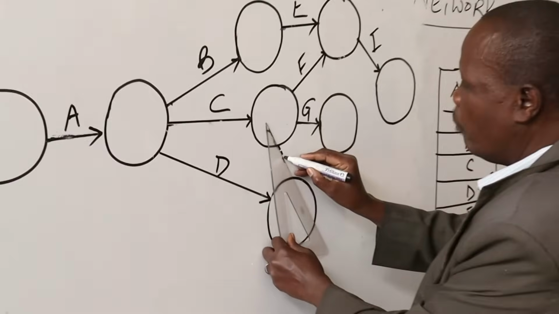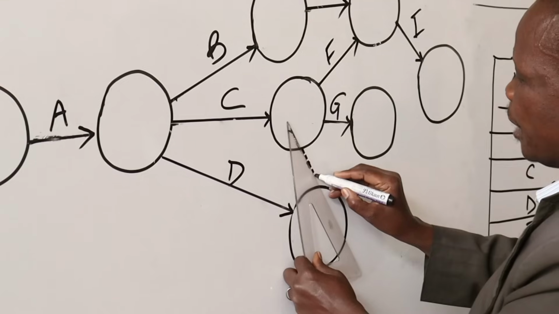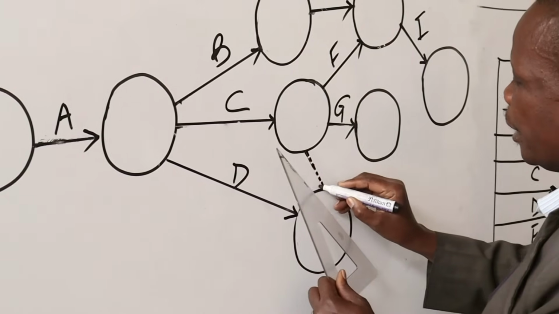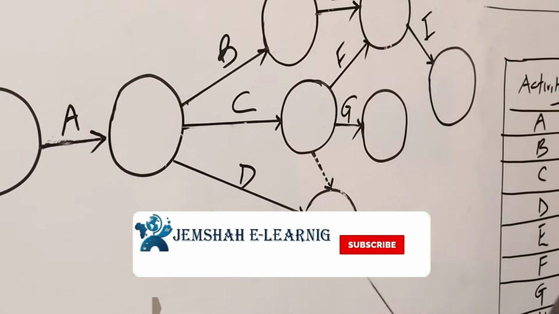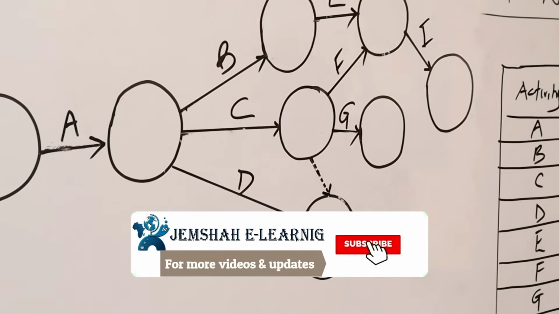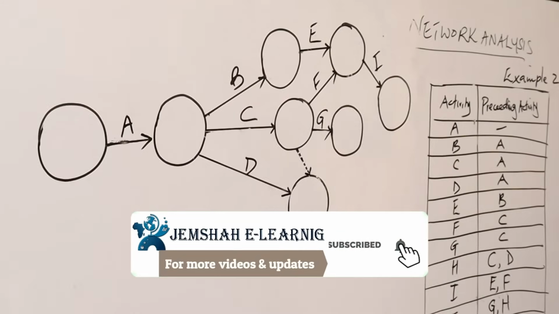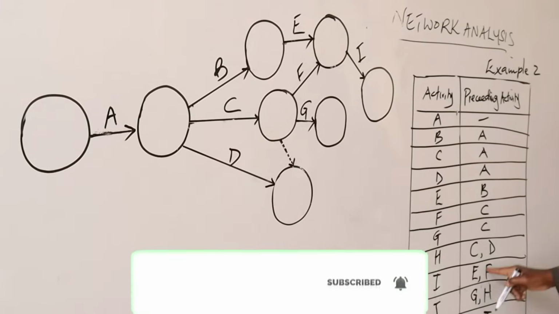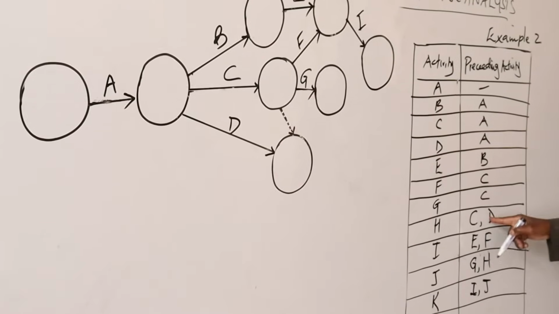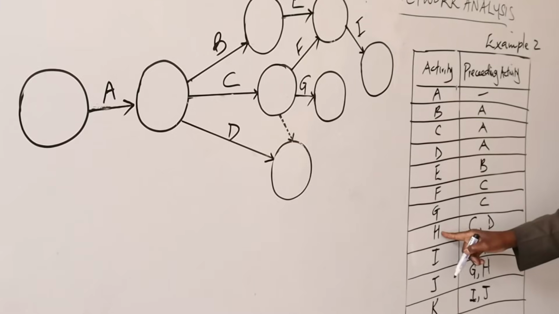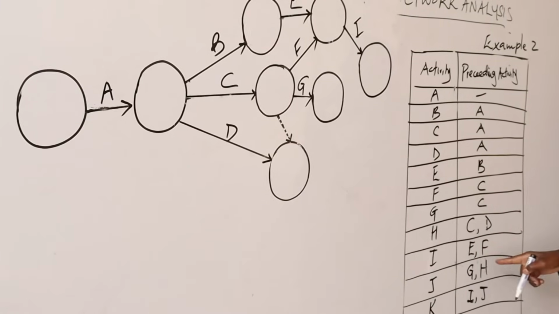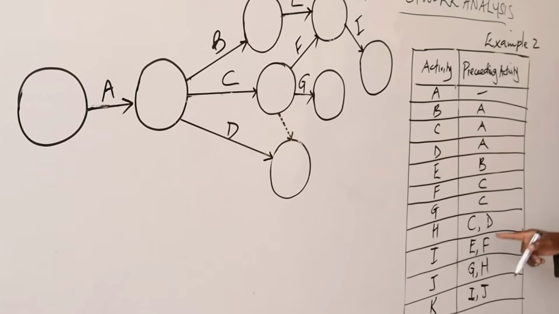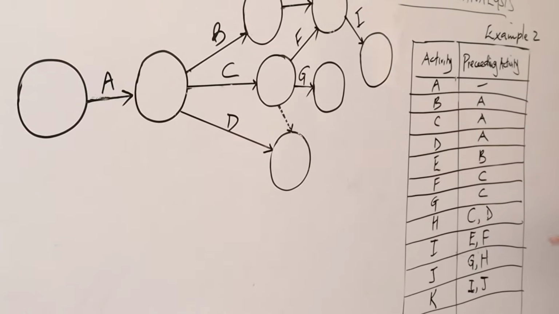If they are to converge, that is represented by a dotted arrow. So C and D are converging to give rise to H, and G and H are converging to give rise to J.